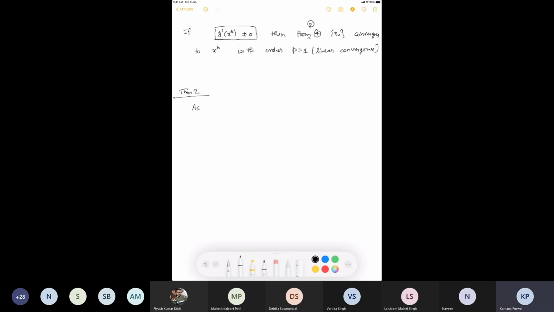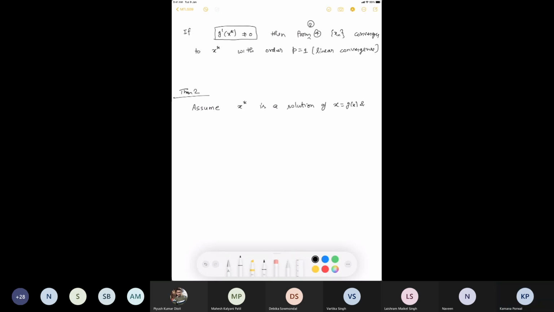So assume that x star is a solution of x equals g(x), that is, it is a fixed point.